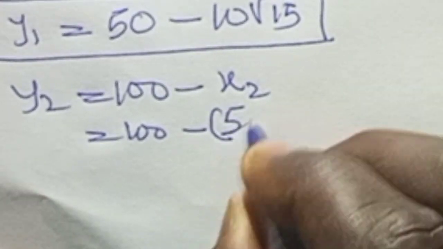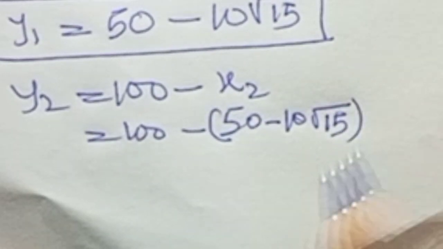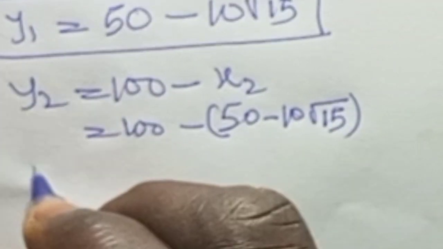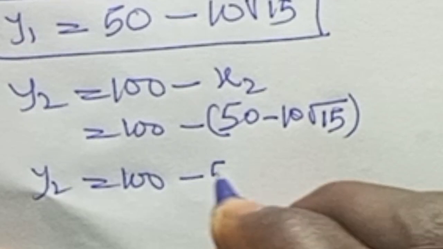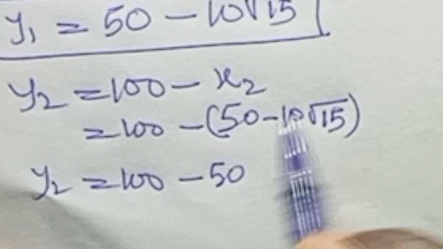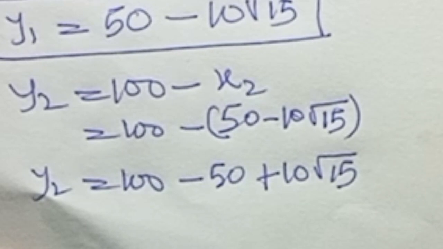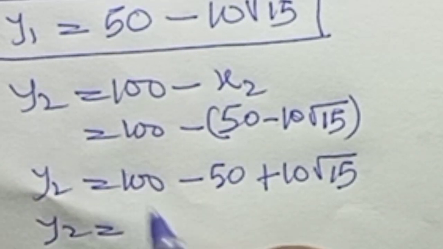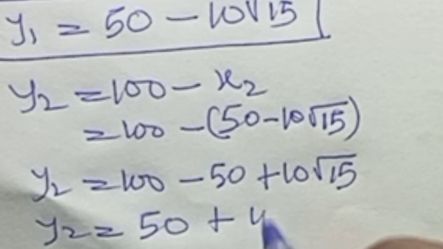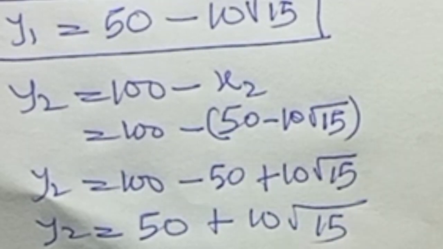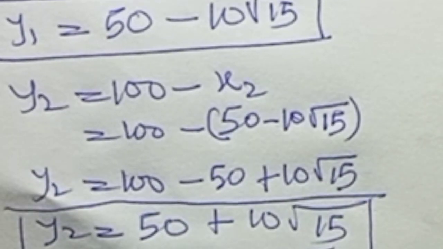That will be 100 minus 50, minus times minus will be plus 10 root 15. So y2 therefore is 100 minus 50, that will be 50 plus 10 root 15. And this is the value for y2.